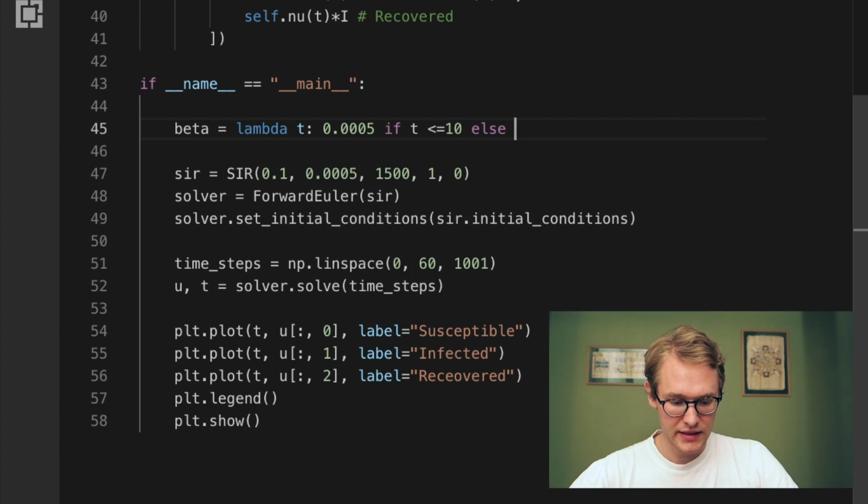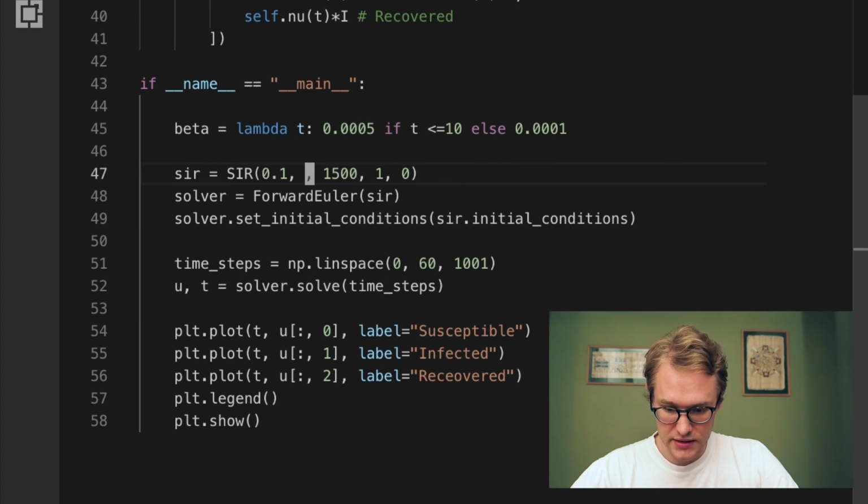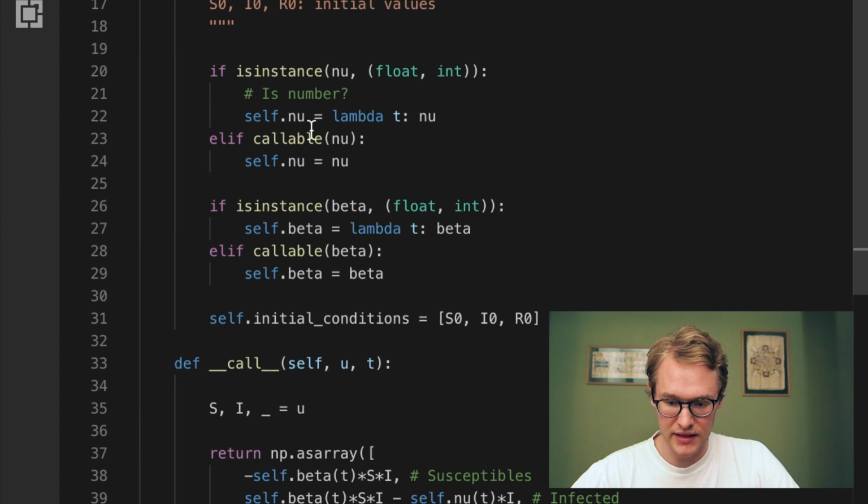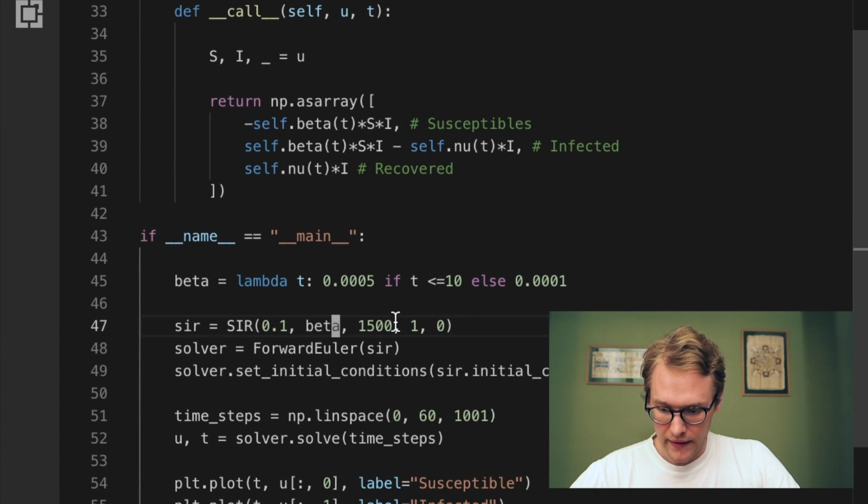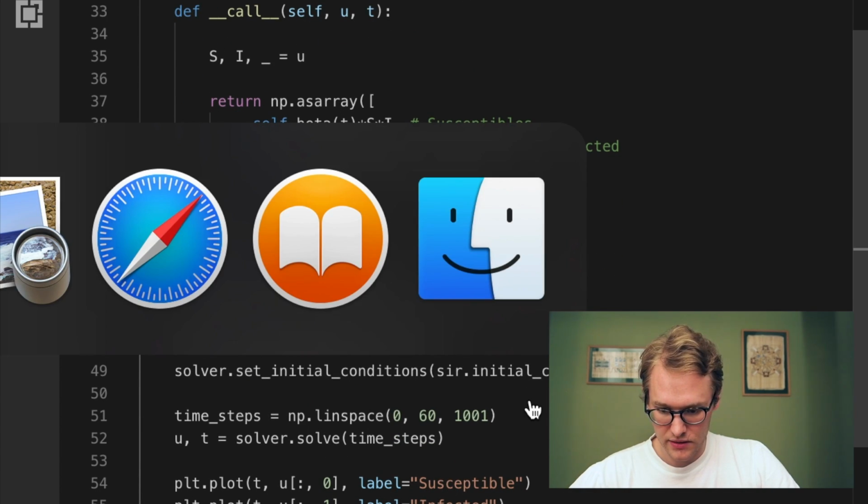Yeah, and after that we go down to 1/5 of the transition rate, and we do this. So this was the reason for us implementing this callable little logic here. Yeah, I think I did it correctly, so let's try.